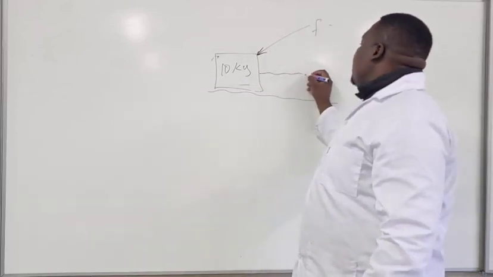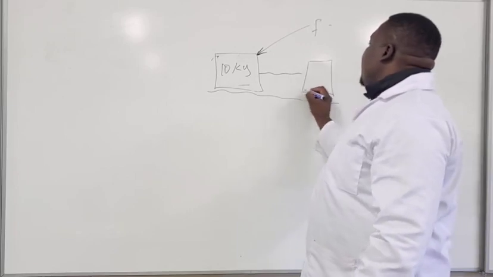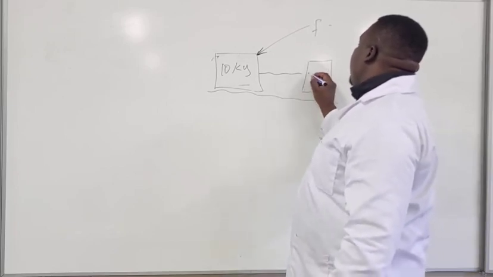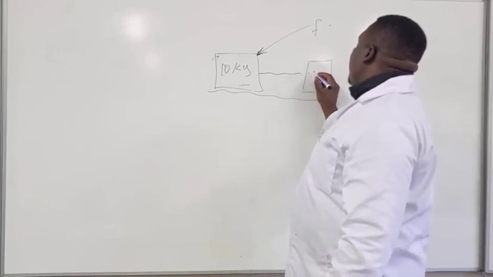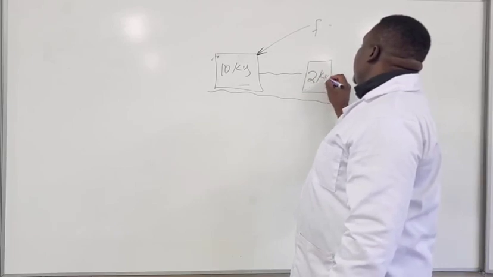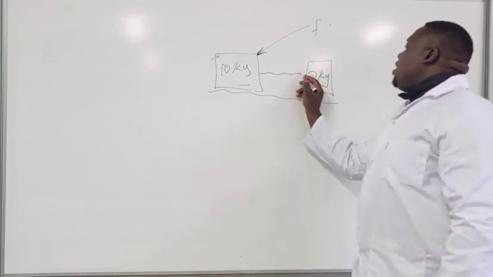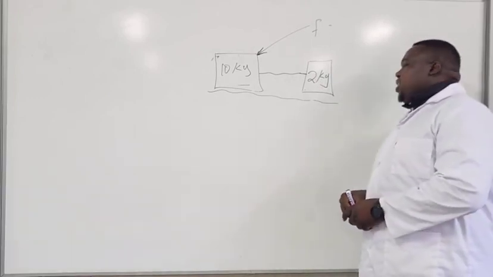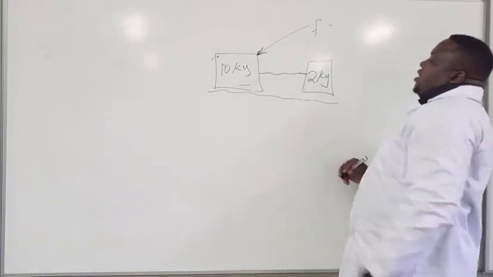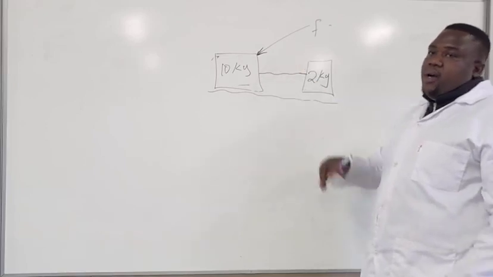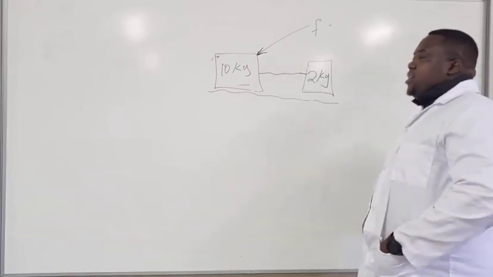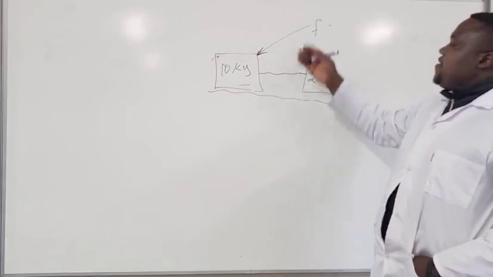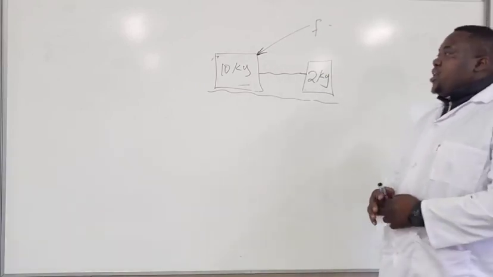Say there's a string attaching a 10 kg to a 2 kg. You can see the string, and this string is a rope. I told you the force on a rope is called tension.